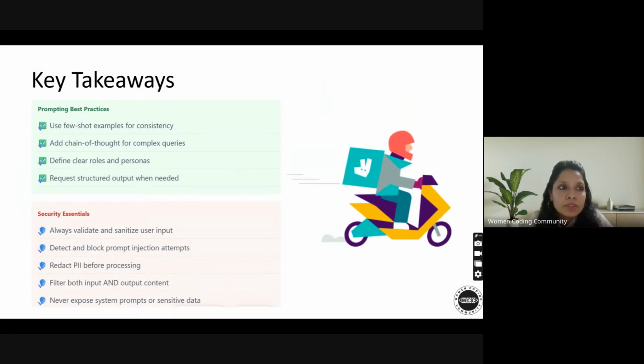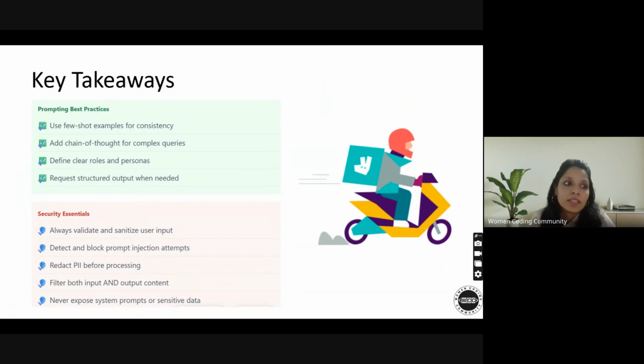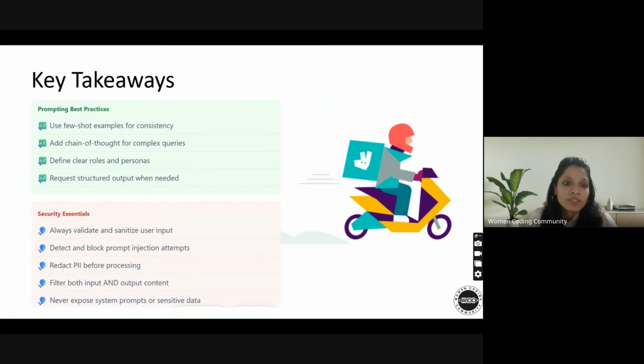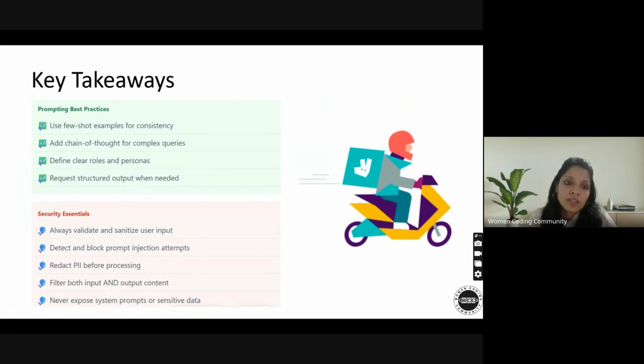Okay, any more questions? Okay. Use few-shot examples for consistency. I think we have seen that in the example as well. Specifically in the case of a chatbot, consistent responses were given straight away if you already provide examples.